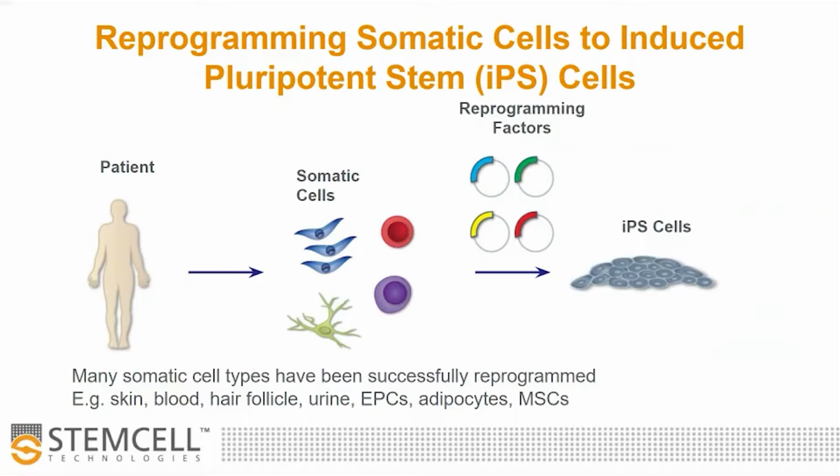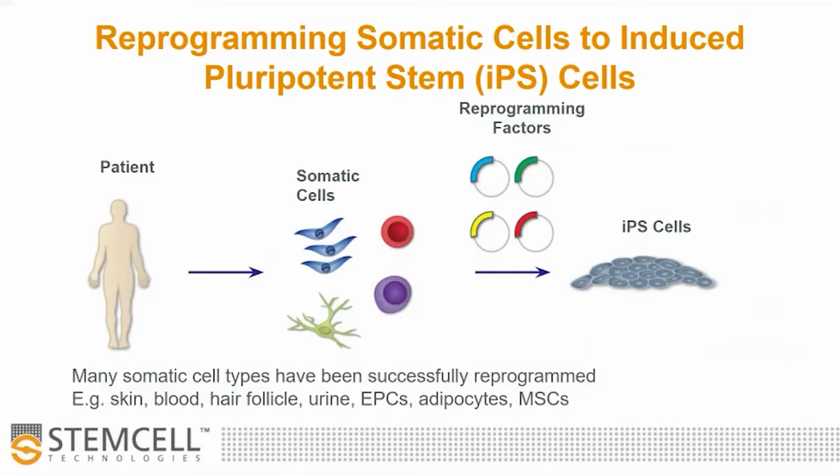After introducing these Yamanaka factors to somatic cells, those cells would slowly, over a matter of weeks, become reprogrammed or reverted into what are known as induced pluripotent stem cells. Now that we have this technology, it's much easier for many researchers to study pluripotency, whereas before they may not have been able to if they didn't have access to embryonic tissue.